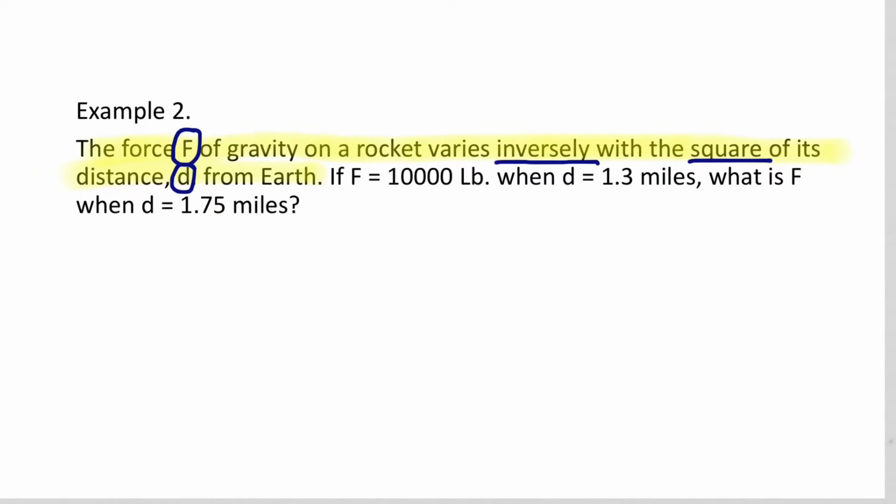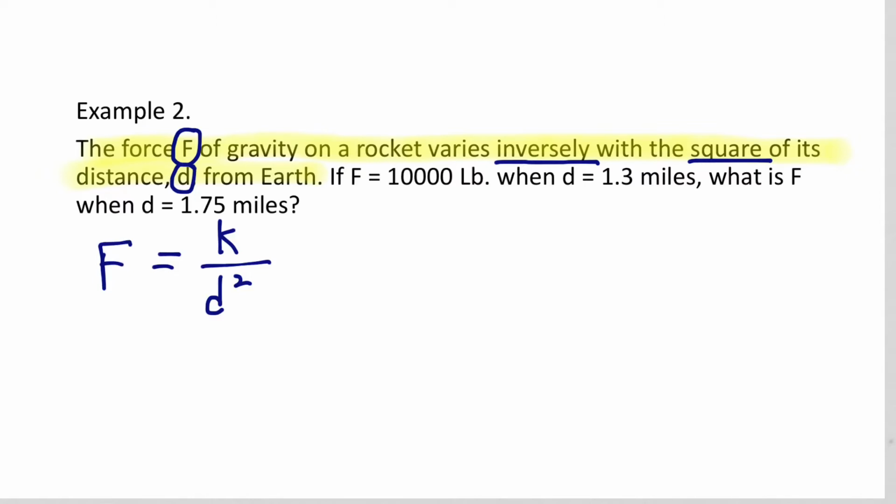So we say f varies inversely with the square of its distance d from Earth. Square of d. Inversely means I put it in the denominator. Okay, you always have that constant of variation. So since it says it varies inversely, you put your d squared in the denominator.